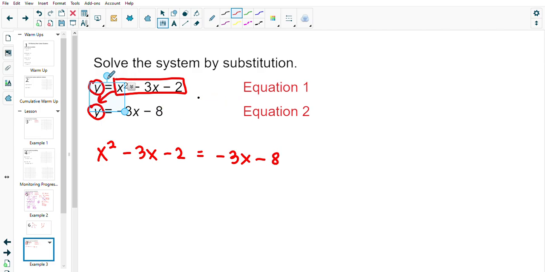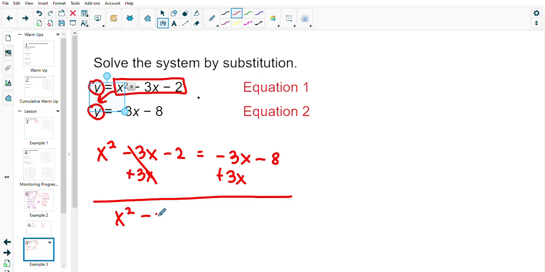Because it's a quadratic, we need to get it equal to 0, so we're going to add 3x to the other side. In this particular problem, those cancel, so we have x squared minus 2 equals negative 8. Because it's an x squared, we can just isolate that by adding 2 to the other side. So we have x squared equals negative 6.